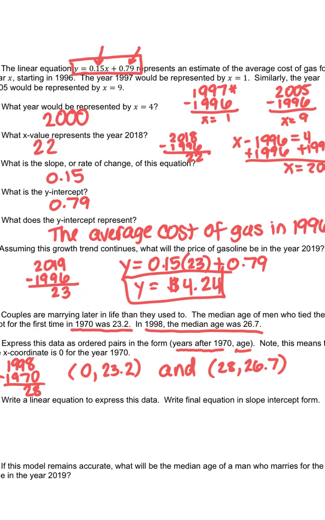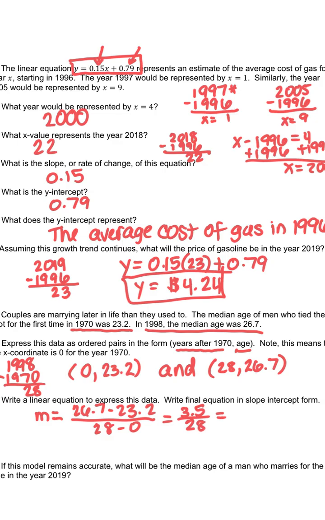So we have 2 points here, so we can find a slope. So we have 26.7 minus 23.2 over 28 minus 0. So we can go ahead and find that difference. So 26.7 minus 23.2, we get 3.5 over 28.